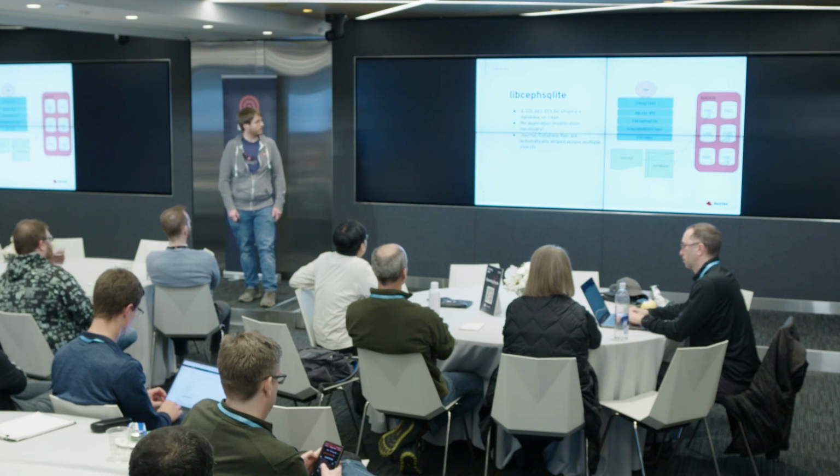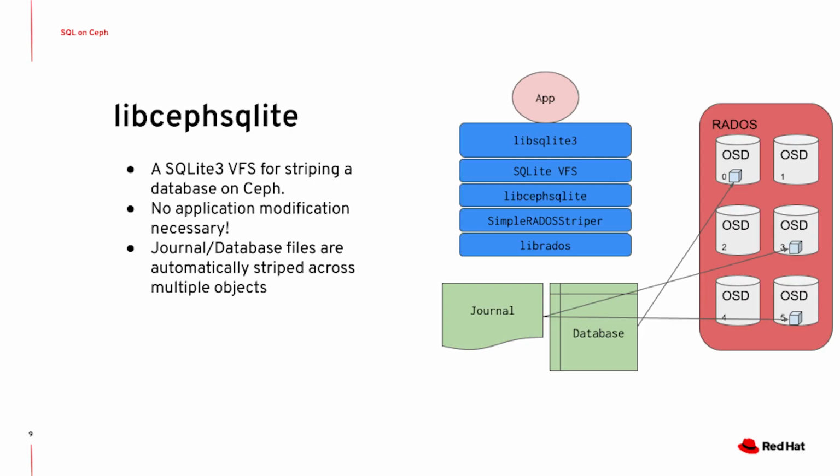So, enter libcephsqlite. It is a SQLite VFS that allows you to stripe a SQLite database over RADOS. The real highlight of libcephsqlite is it doesn't require any application modification in order to use it.